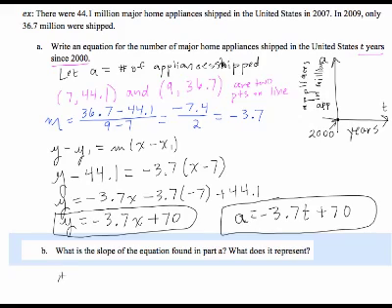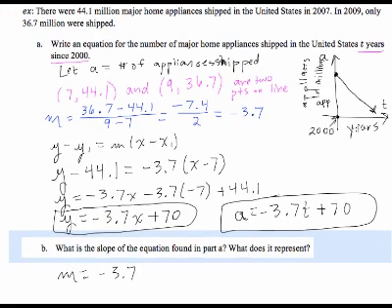Okay, so what is the slope? Well, the slope is negative 3.7. And what does it represent? It starts up here and it goes down. It's not really probably ever going to intersect the axis, but what does it represent? That's the rate at which it goes down, right?